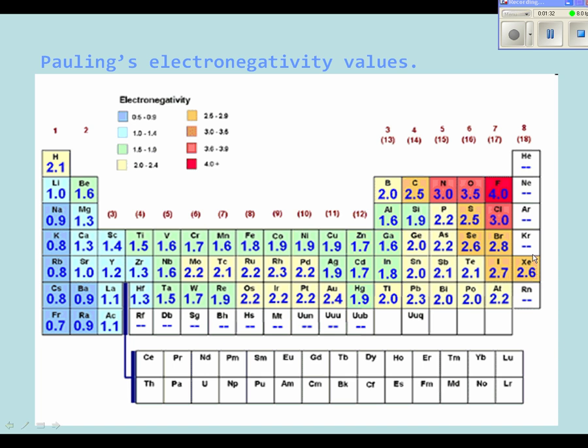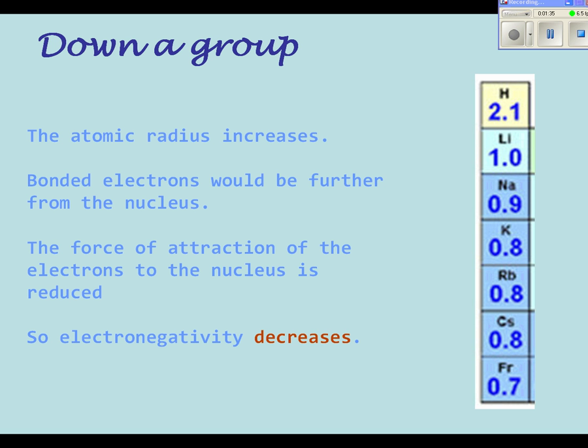Now, looking at the trends in more detail, studying the trend down a group, we know from previous podcasts that atomic radius increases because of an increase in the number of main shells. So the electrons involved in bonding, the valence electrons, are getting further and further from the nucleus as you progress down group 1, because the atom is getting bigger.